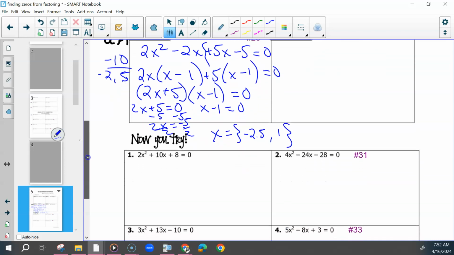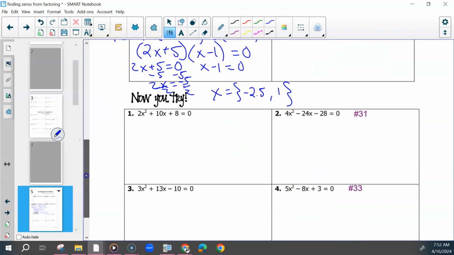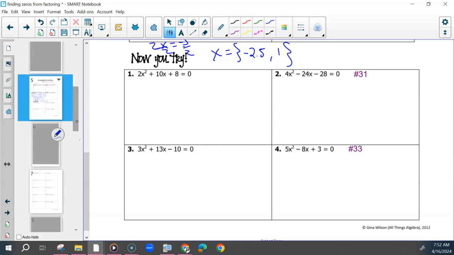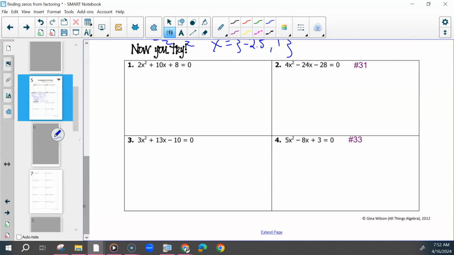I would say probably not the GCF ones, but example 3, example 4. Any of those we want to see you go over? We'll do this one and then we'll go on.